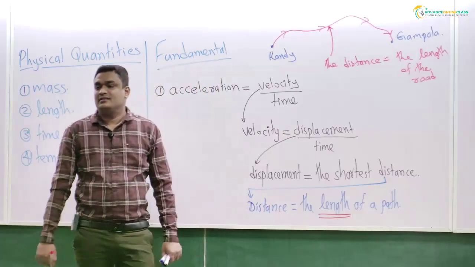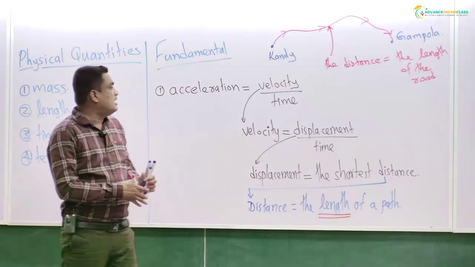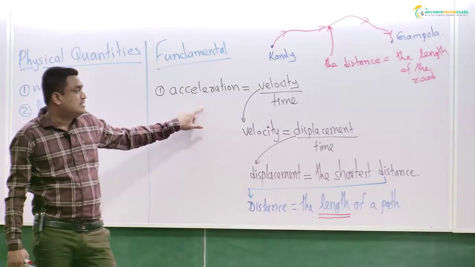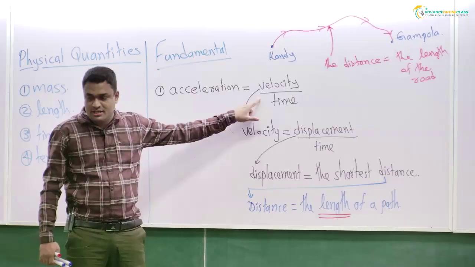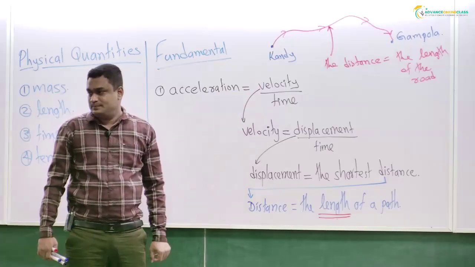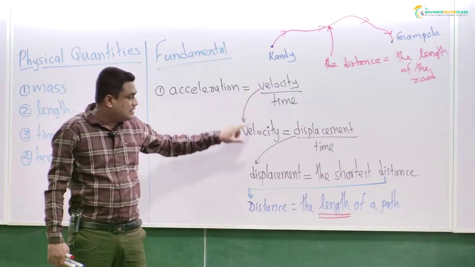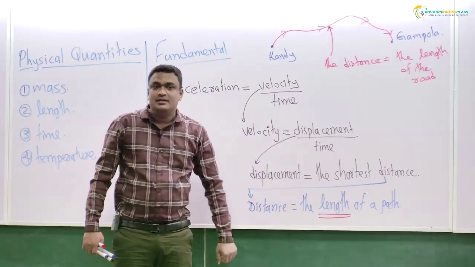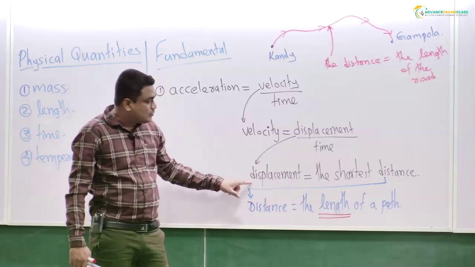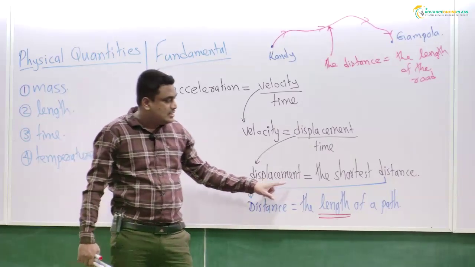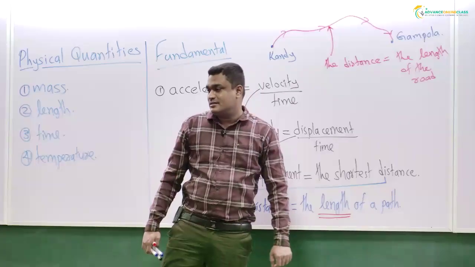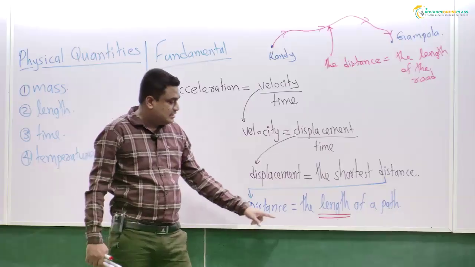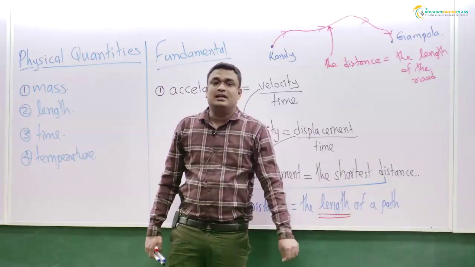Acceleration: what is acceleration? We have an answer, velocity over time. If someone asks what velocity is, we have an answer, displacement over time. If somebody asks what displacement is, we have an answer, shortest distance. If somebody asks what distance is, the answer is the length of the path we select.